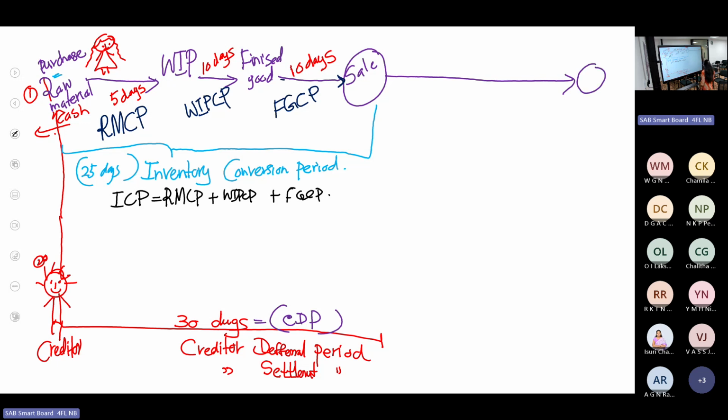We'll take your example again, a lady from here. We have student Ishara. This is Ishara. Right now Ishara is a debtor.